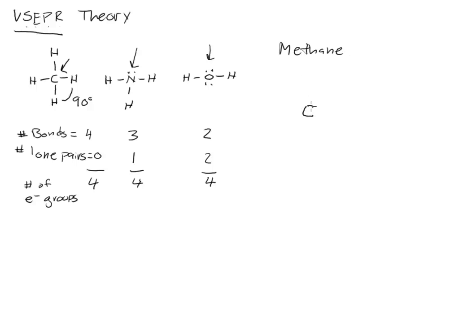Methane has a carbon, and I'm going to draw this not as the planar representation we saw at first, but in an attempt to indicate the three-dimensional relationship between these 4 hydrogens that are surrounding the central carbon. And I'm going to use this thick wedge shape to indicate that the atom is projecting out of the page.